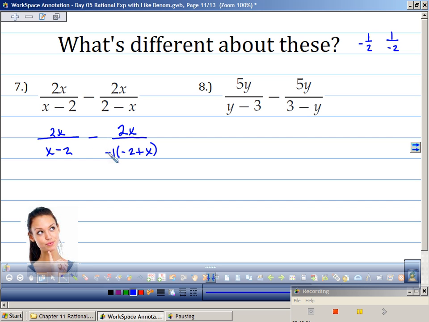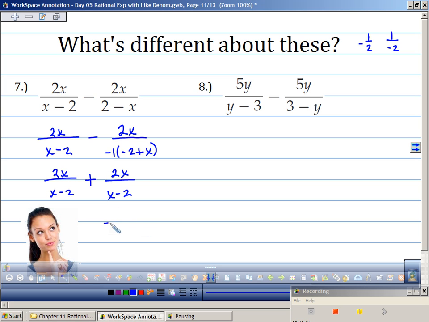So isn't a negative times a negative a positive? So now I have 2x over x minus 2 plus 2x over what? Would I write it negative 2 plus x? I wouldn't, I'd use the commutative property and just switch those.